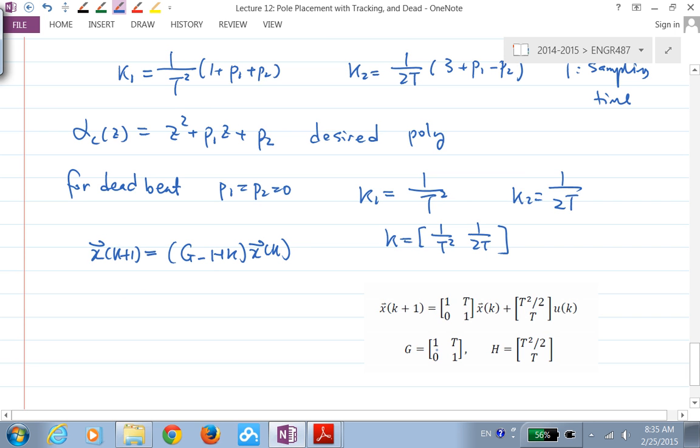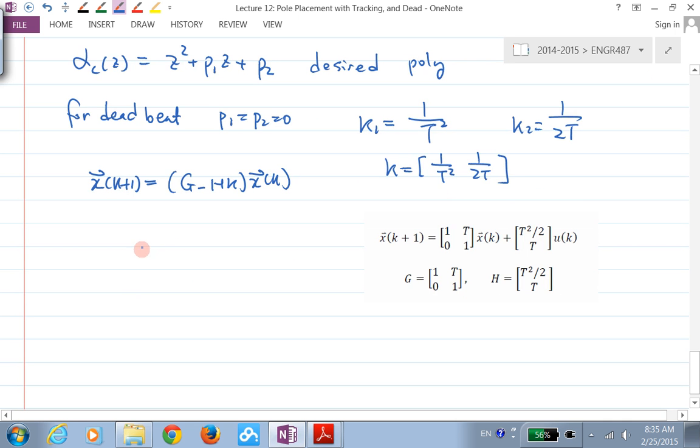So then let's plug everything back into here, keeping the sampling time. You do a little bit of simplification, and you'll end up with this quantity: 1 over 2, 1 over 4T, negative 1 over T, negative 1 over 2.